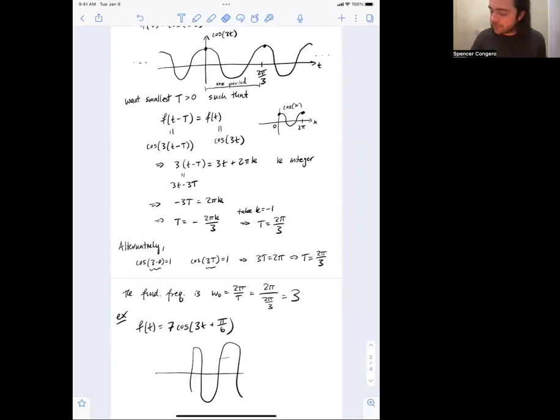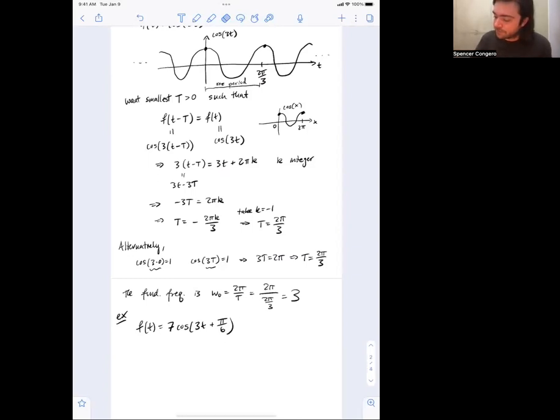We're not changing how fast it oscillates. So multiplying by a constant out here, the amplitude, isn't going to change the period. And also this phase shift is just taking this function and shifting it by a little bit, so again, it's not affecting the period. It's just taking the whole function and shifting it some constant amount on the t-axis.